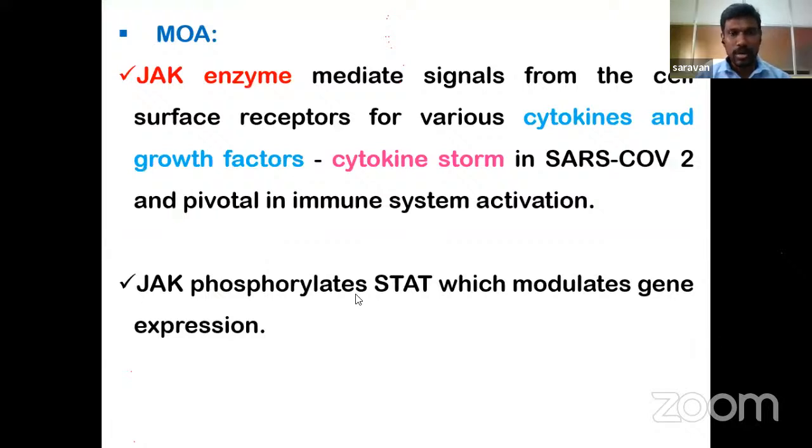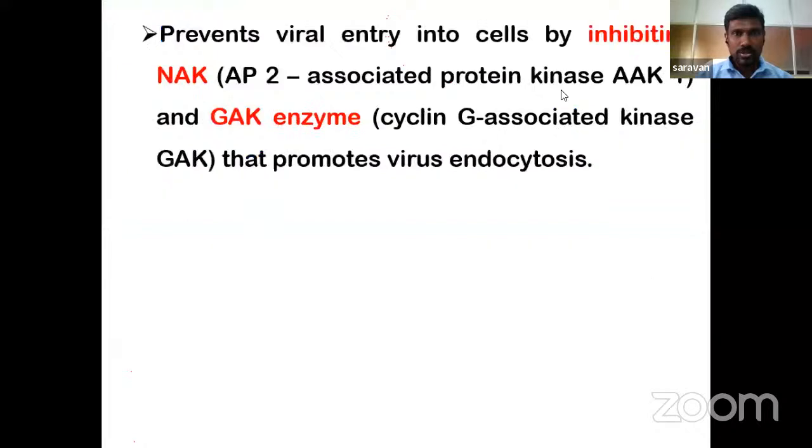The JAK-STAT pathway will also modulate the gene expression, favoring the cytokine release syndrome. The second mechanism is by inhibiting the NUMB associated kinase and cyclin G associated kinase mediated endocytosis of the virus, that is virus entry into the host cell.